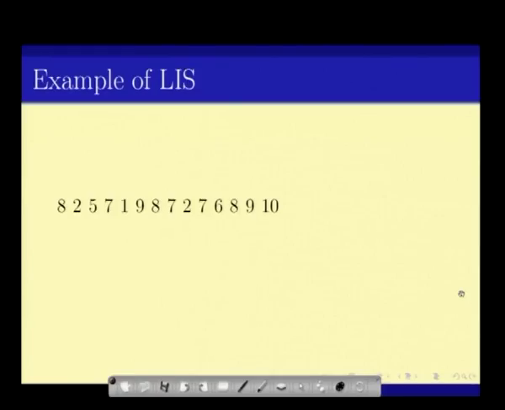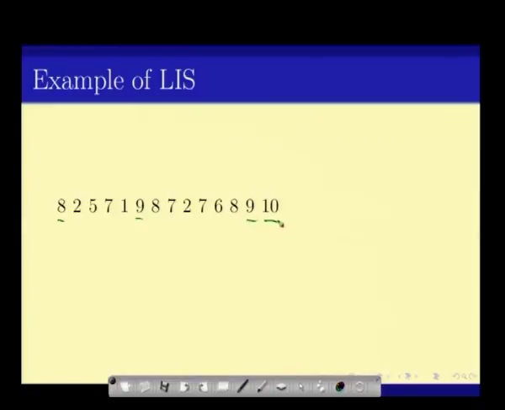So, let us start with an example. Here, say, is a sequence of integers. Now, these integers are not sorted or anything like that. What is the longest increasing subsequence? First of all, what is an increasing subsequence? An increasing subsequence is anything like, say, start with 8, 9, 9, 10.